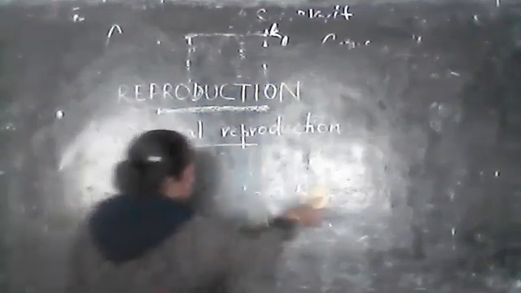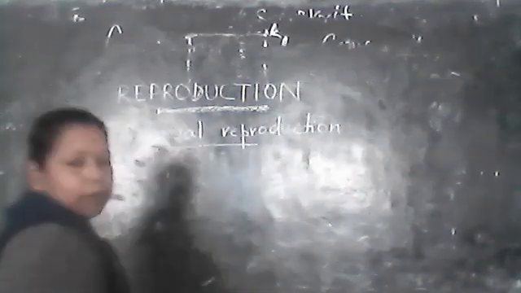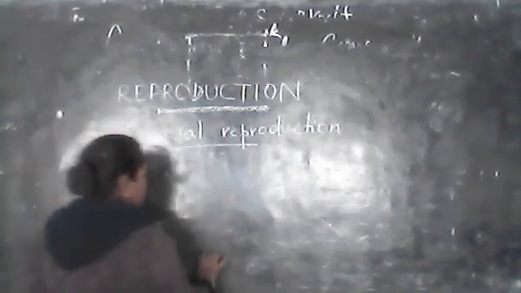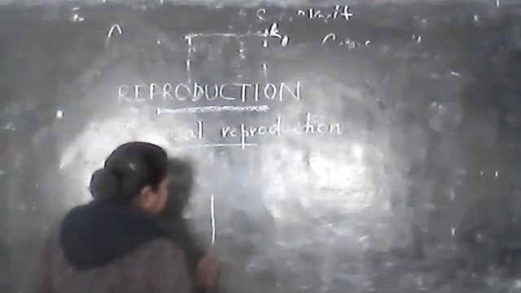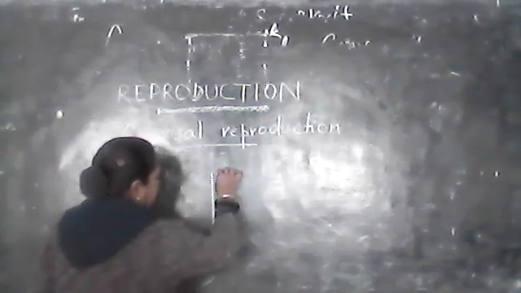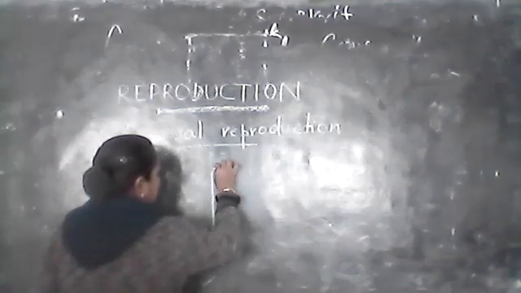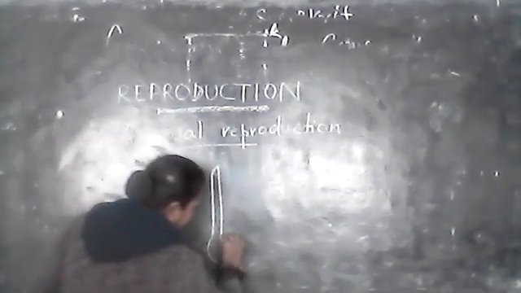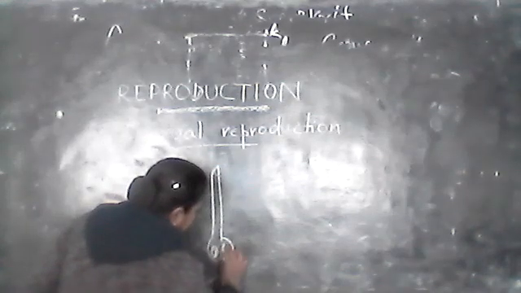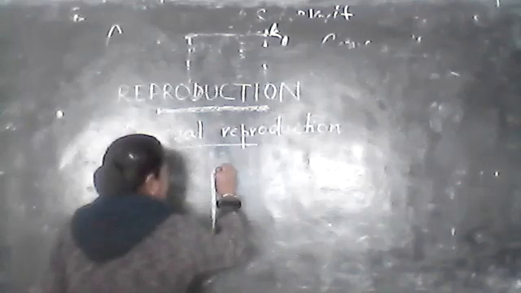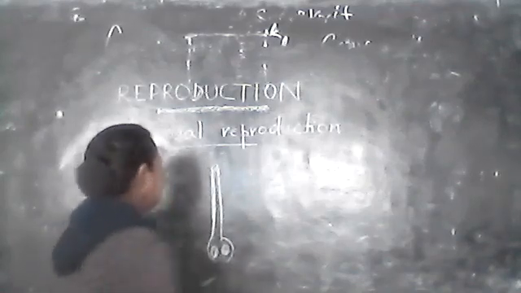Now, as we are talking about sexual reproduction in plants, here I am drawing the flower. First of all I am drawing the female reproductive system. This is the female reproductive system that I have drawn.